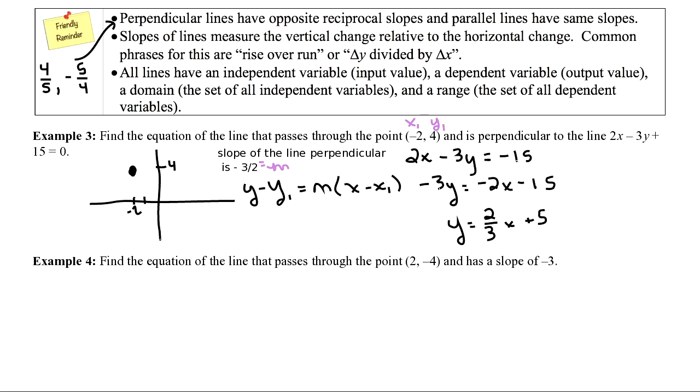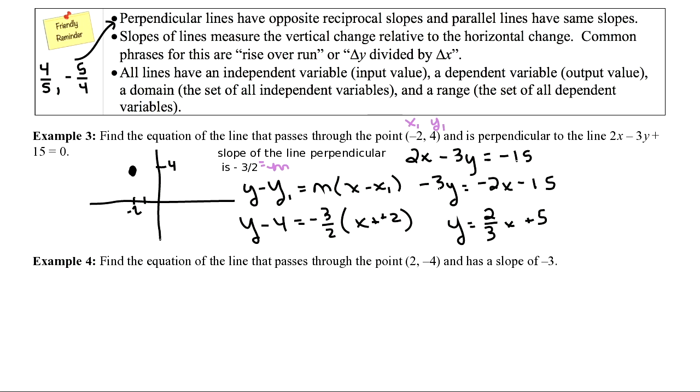So I end up getting y minus 4 is equal to -3/2 times x minus -2, which is going to actually end up being a positive once we get these, right? So what does this mean?